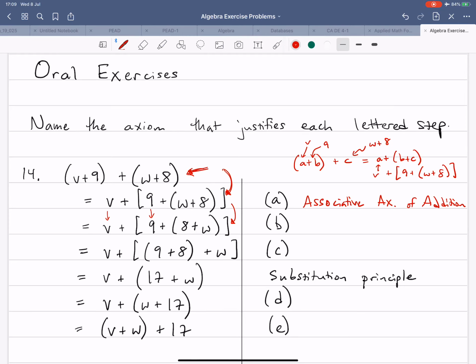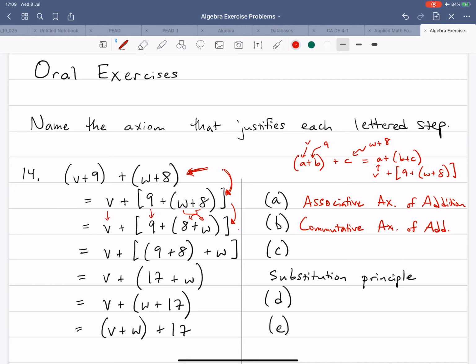This didn't change. This W, well, that did change, right? It got moved over here, and this 8 got moved over here. And we know that when we're flipping the order in a sum, that's just the commutative axiom, and I'm going to abbreviate addition as ADD. Okay.